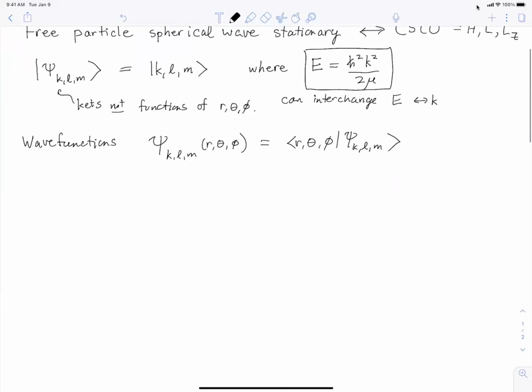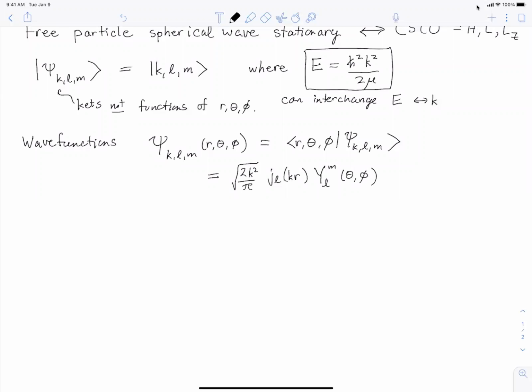Okay, and last time we worked out what these things should be, namely up to a normalization factor that we picked to be square root of 2k squared over pi. They are spherical Bessel functions of k times the radial coordinate times spherical harmonics, Y_LM of theta and phi.